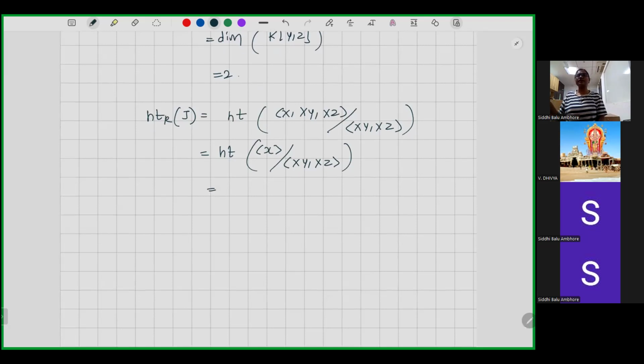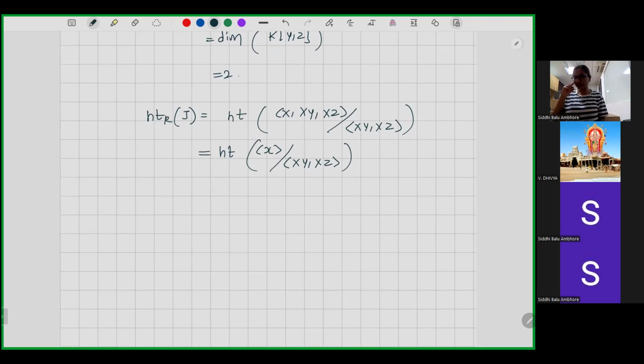Because X is a minimal prime here. Just a second. Yeah, so X is a minimal prime here, right?